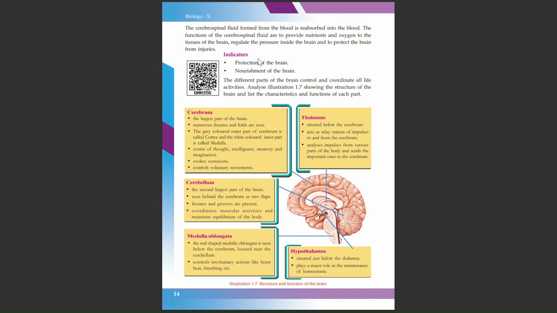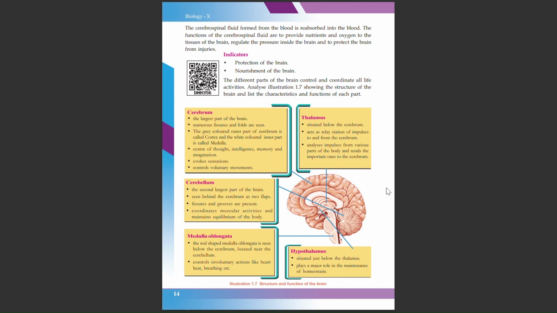You know how it protects from injuries? Like if you hit your head from the frontal part, from the forehead. If you get hit from this part, the brain will, what happens? The brain is floating actually. The brain is floating in the cerebrospinal fluid.